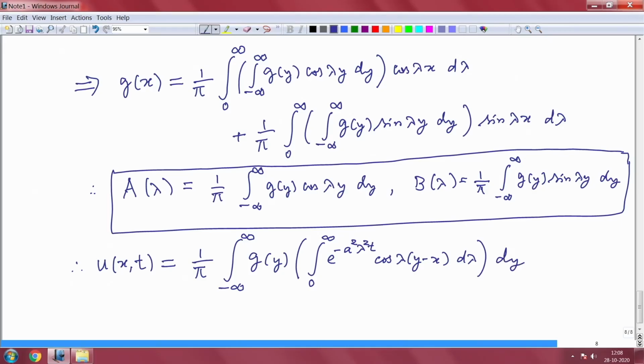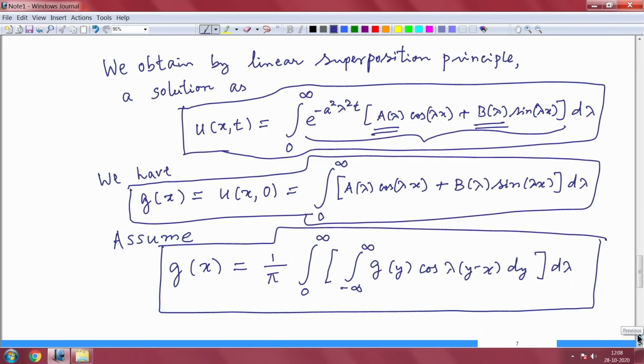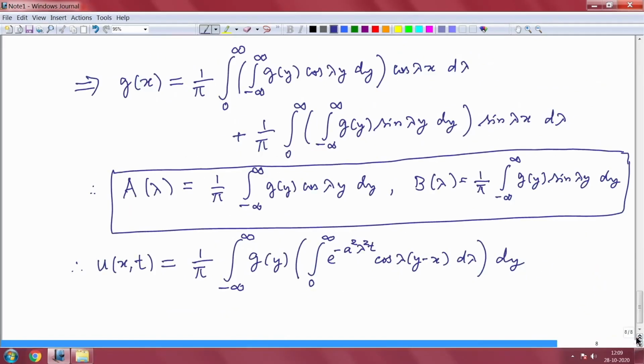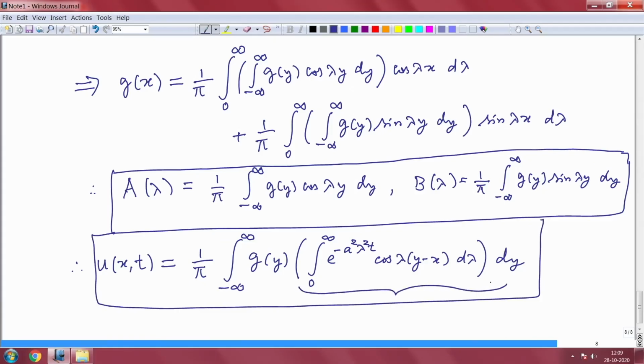It results from substituting a lambda and b lambda in this expression, doing some computations and interchanging the integrals. If you look at the inner integral, there is no g at all. It involves only known functions, namely exponential and cosine, so there is a possibility of simplifying that integral. So now we concentrate on that integral.